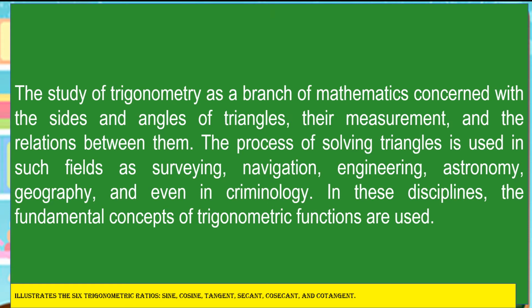So, the study of trigonometry is a branch of mathematics concerned with the sides and angles of triangles, their measurements, and the relations between them. So, meaning we are going to discuss right triangles.